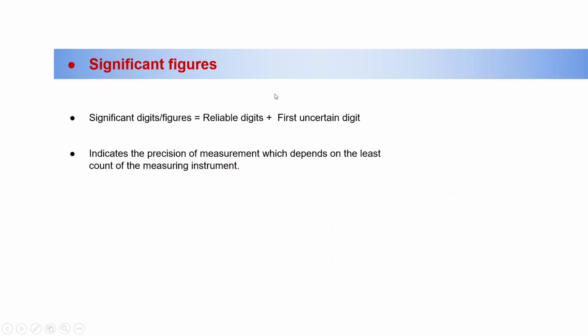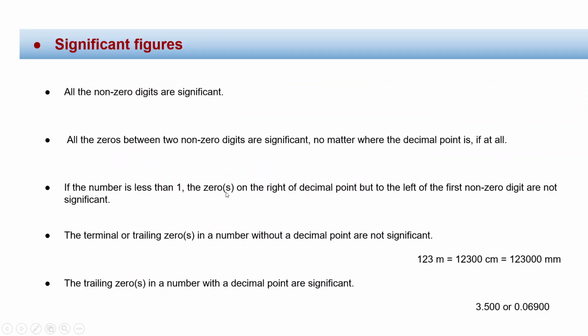Then, significant figures. As I was saying, the concept of significant figures becomes very important when we are reporting some value after doing some measurement or taking some data from some instrument. Significant figures include the reliable digits plus the first uncertain digit, and indicate the precision of measurement, which depends on the least count of the measuring instrument.